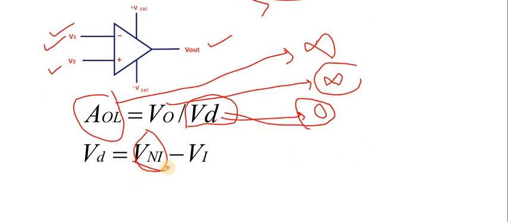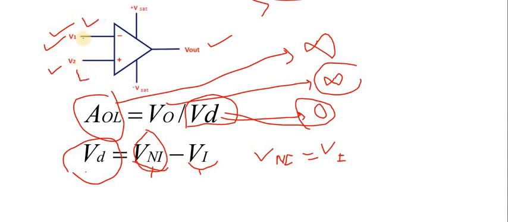How can you achieve VD as 0? You can keep your inverting and non-inverting terminal voltages equal. If VNI is equal to VI, then VD will be equal to 0. These are not internally connected or shorted, but virtually these are equal for an ideal op-amp.